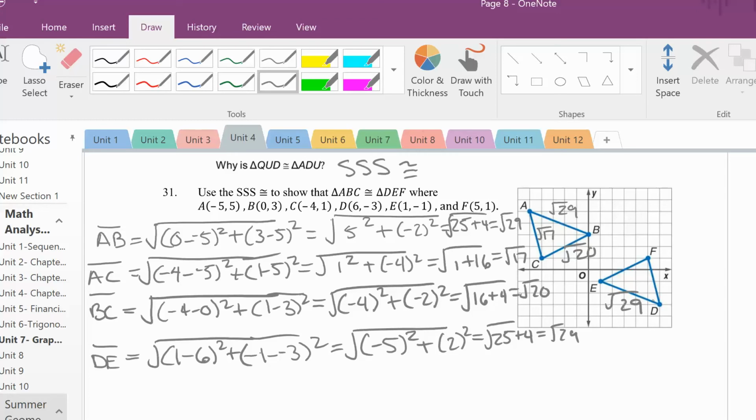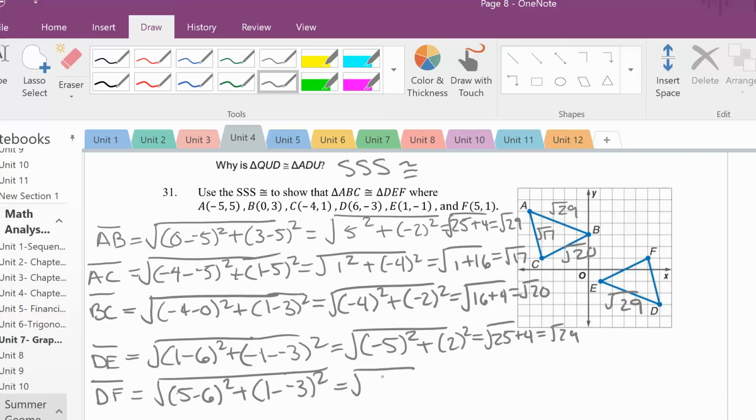So far, so good. Now we have to find DF. DF, we go 5 minus 6 plus 1 minus negative 3.